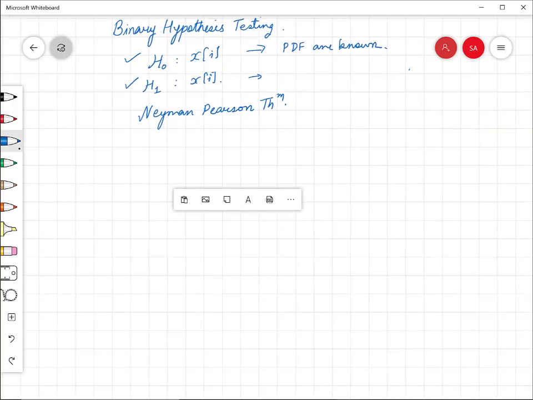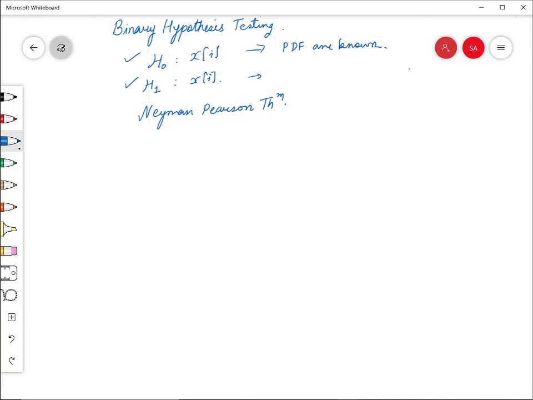Now suppose that these hypotheses occur with certain probabilities. For example, let's take a communication system. Let's say hypothesis 0 tells me a 0 bit is transmitted, and hypothesis 1 tells me a 1 bit is transmitted. Now we know that there could be some prior probabilities of the source.